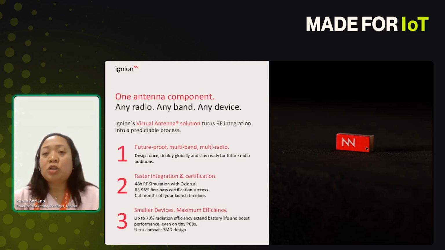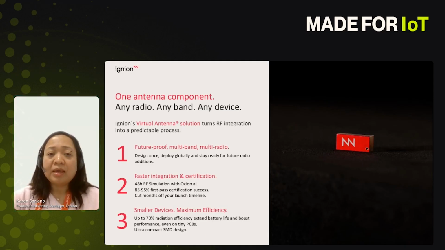We're hoping to support you with faster integration and certification, through our antenna integration platform, Antenna Intelligence, as well as our expert engineering services team. And one of our strengths is really smaller devices, such as the Thingy:91 X. We support it with a strong antenna efficiency, even on really constrained PCBs. Our value is not just on RF performance, it's also on speed, predictability, and a shorter path to market.